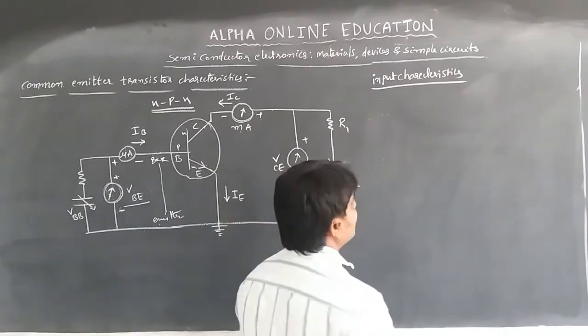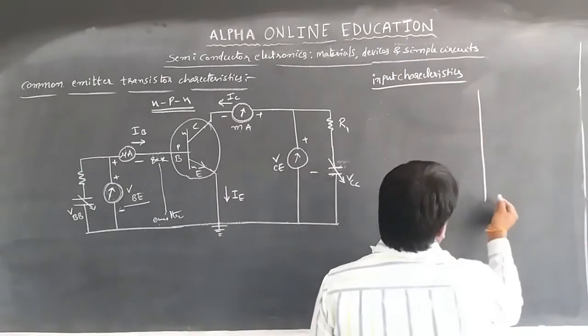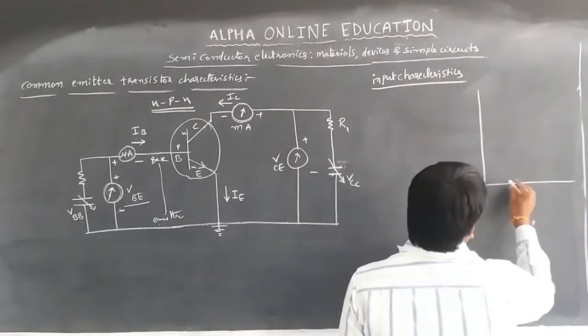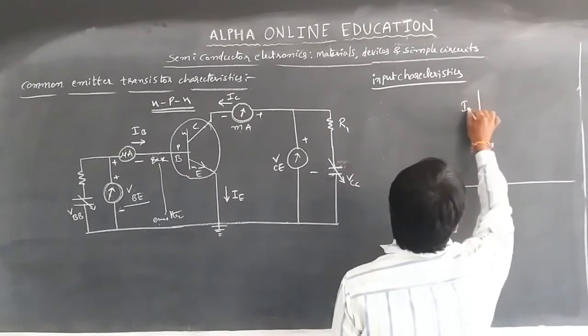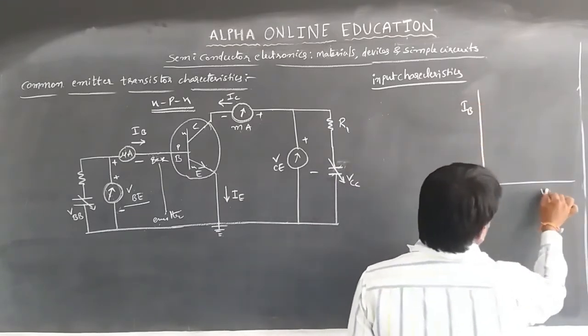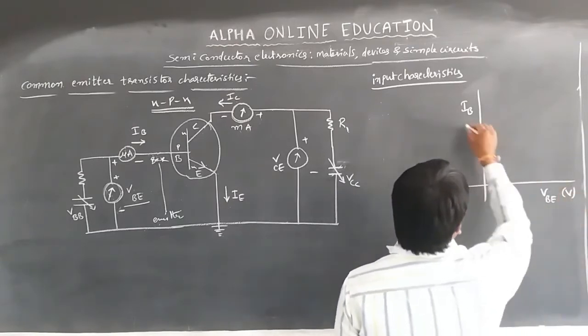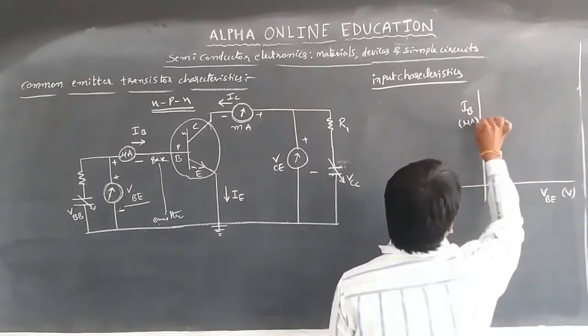Let us see how it changes. We are plotting a graph with base current IB in microamperes and the potential across the base and emitter, VBE, in volts.